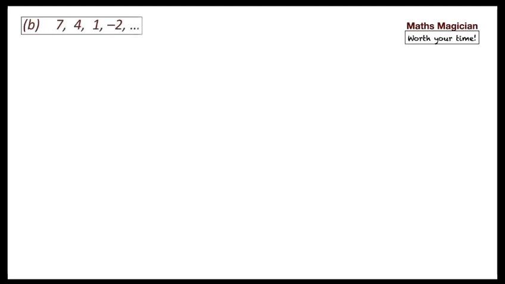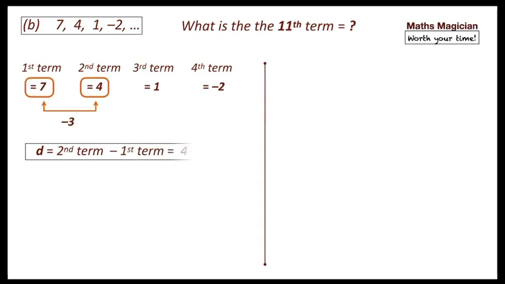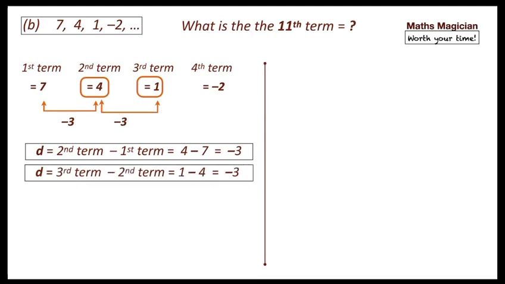For the given sequence, what is the 11th term? We write the terms of the sequence. The difference between first and second terms is d equal to second term minus first term, 4 minus 7, equal to minus 3. Again we see that the difference between second and third terms is d equal to third term minus second term, 1 minus 4, is minus 3.